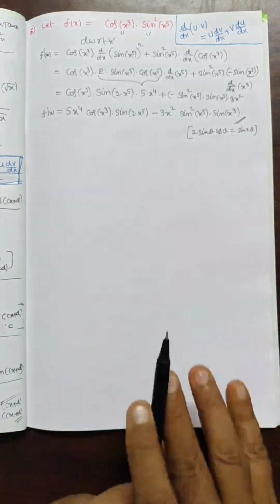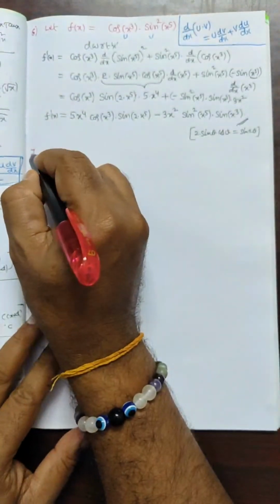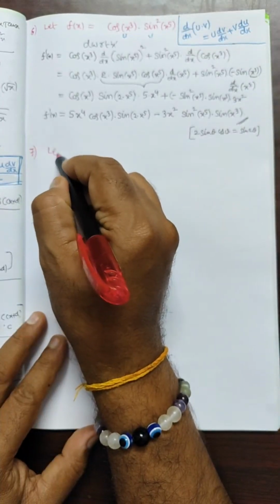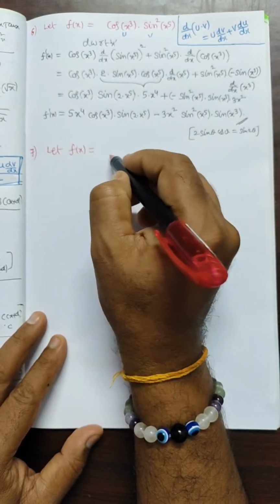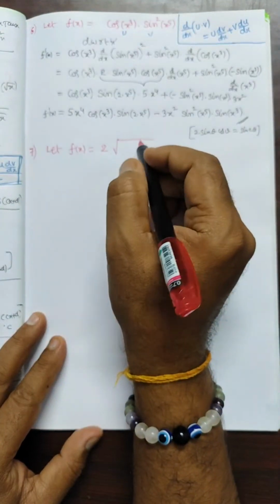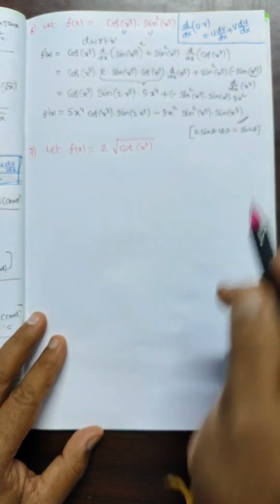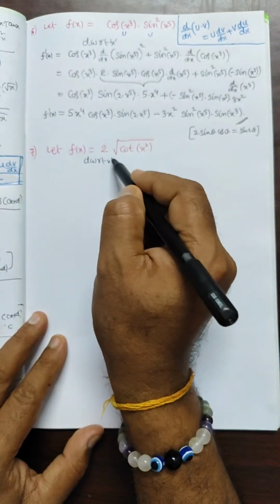Now, question number 7. Let f of x is equal to 2 into root of cot x square. So differentiate with respect to x.